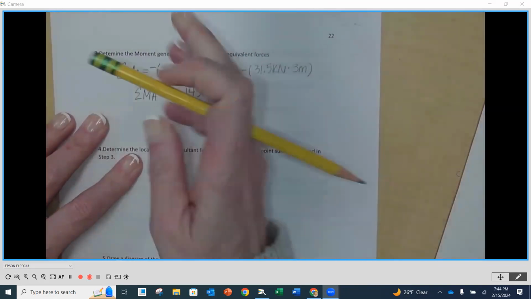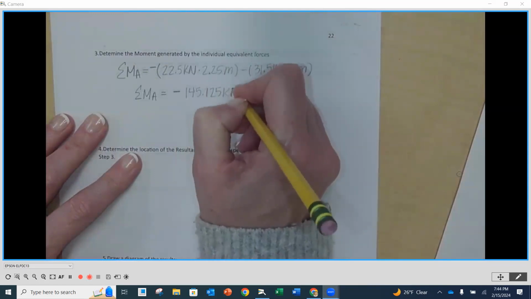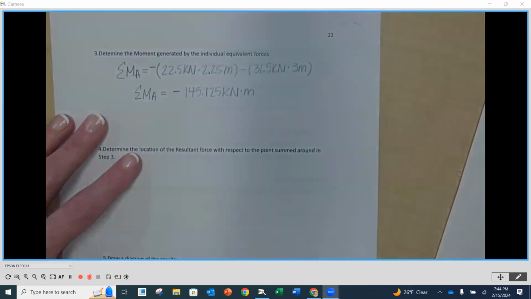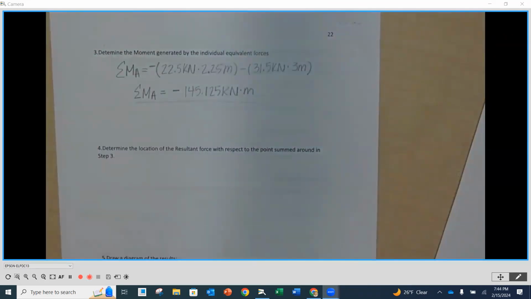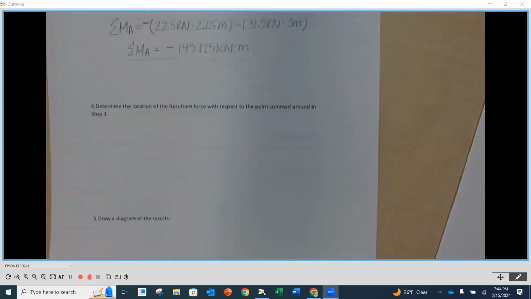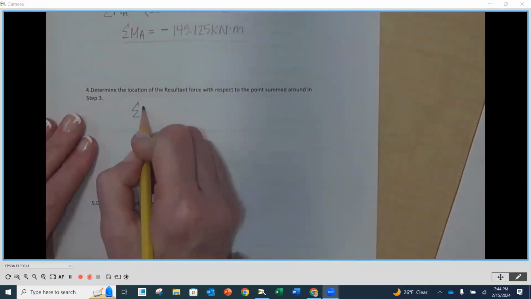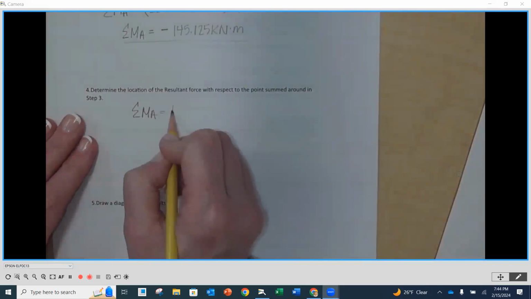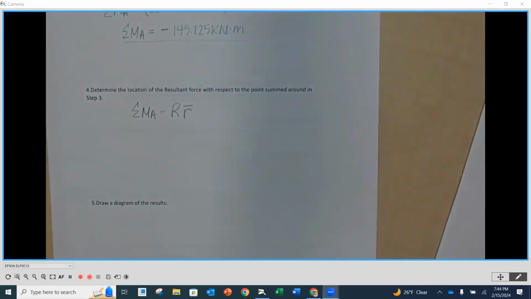So the sum of my moments around A is going to be negative something. 145.125, okay, thank you. And that's going to be kilonewtons times meters. Awesome. All right. Now I'm going to determine the location of the resultant using the sum of the moments around A equal to my resultant times my R bar. Looks familiar, right?